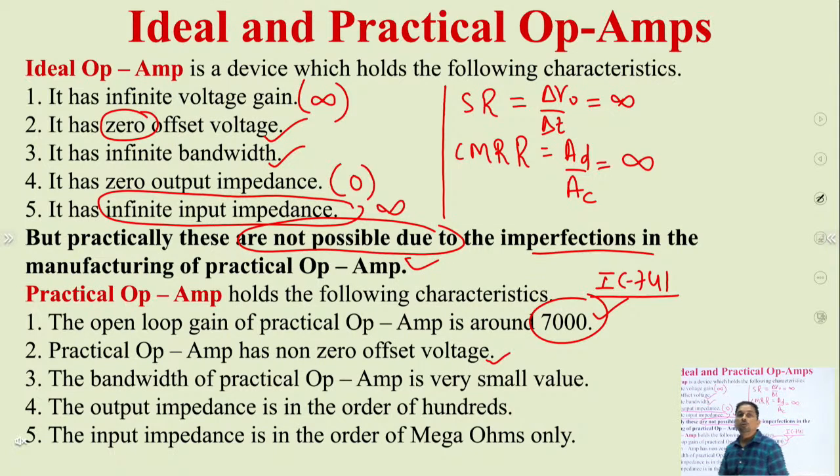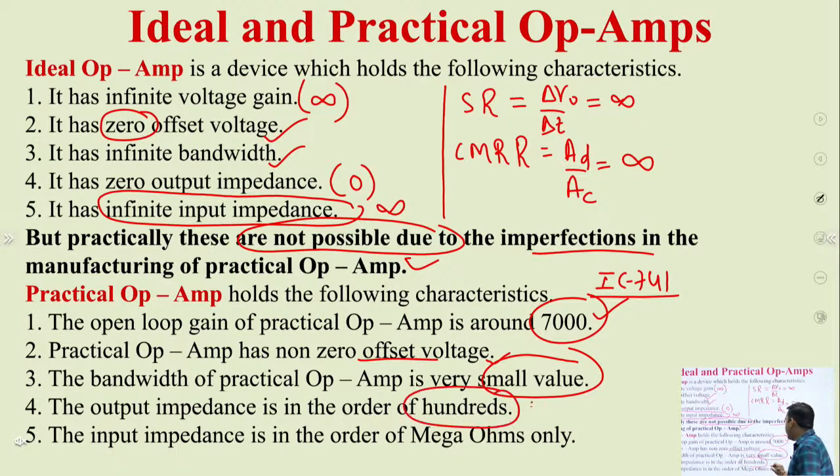The offsets are also non-zero. Means we are talking about the offset voltages V0 due to the input offset voltage and due to the input offset current. The bandwidth of the operational amplifier is very small, and the output impedance is of the order of 100 ohms only.